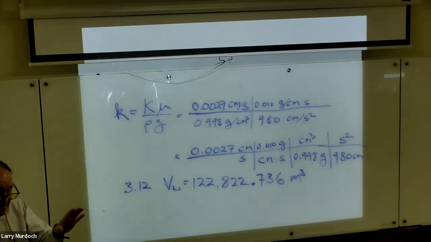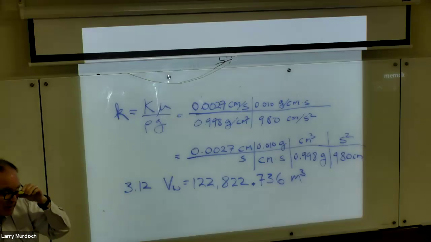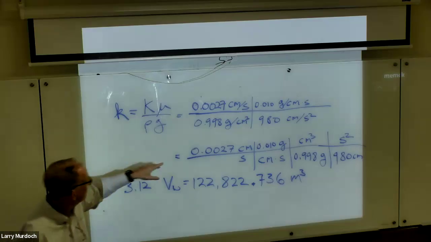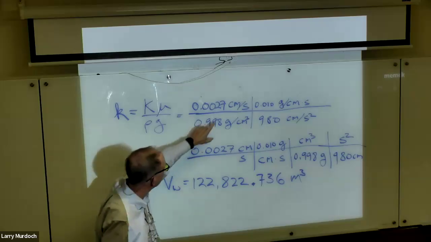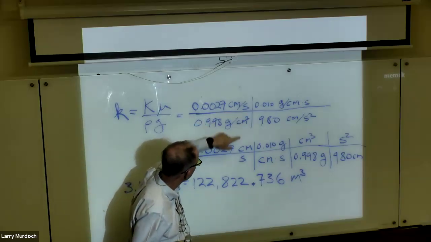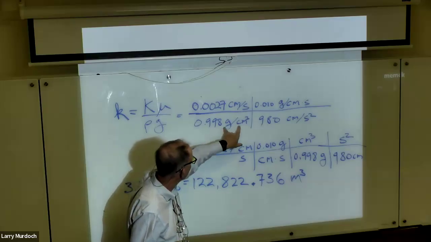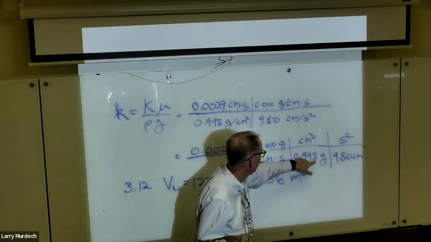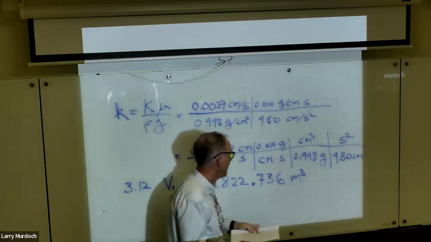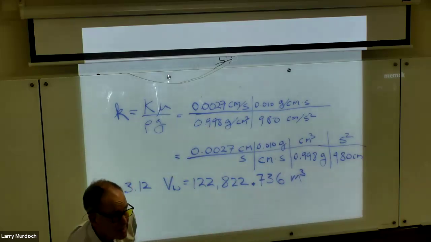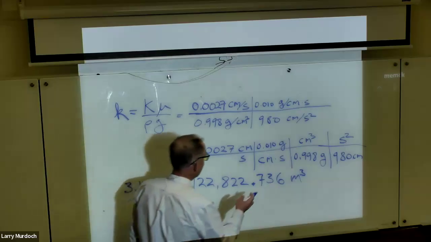I mean, you can do it and get it right, and many of you did. But if you use one fraction, this is the one fraction format, instead of doing it like this, put the seconds down here, and put the grams and the centimeters cubed up here. Then with one fraction, it just cancels.